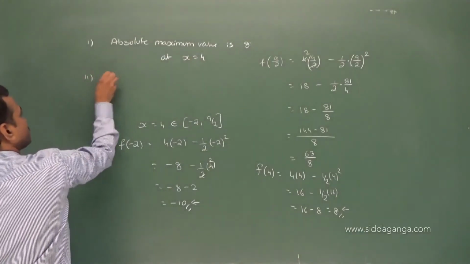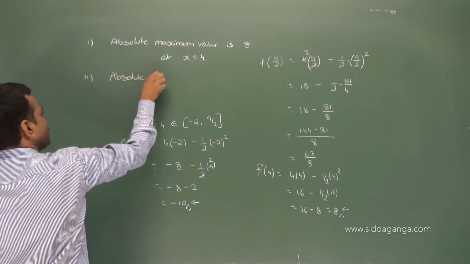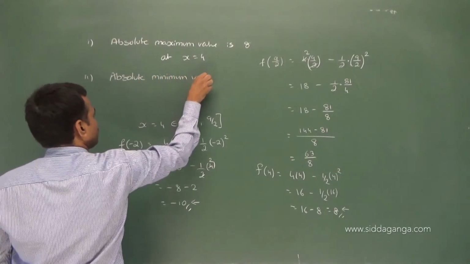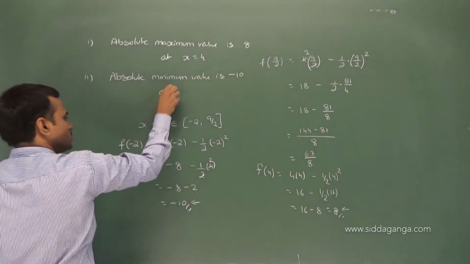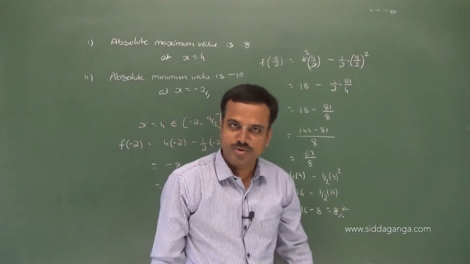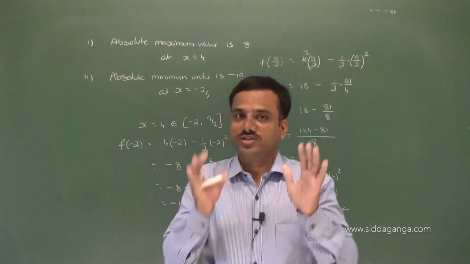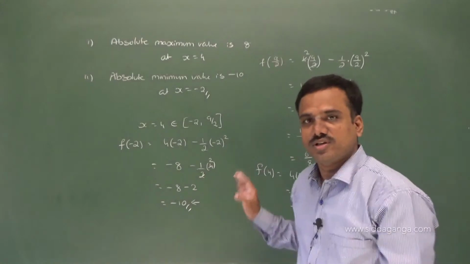Number 2, absolute minimum value is minus 10 at x is equal to minus 2. Got my point? This is a very important problem, 3 marks. This concept is very important. See this problem first carefully. Next problem.